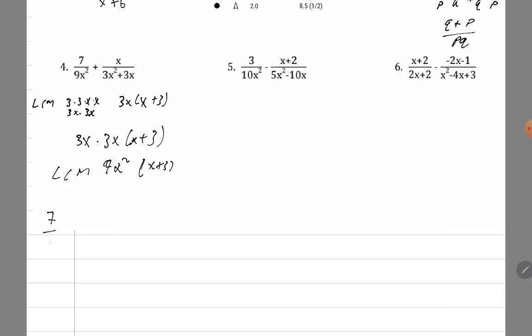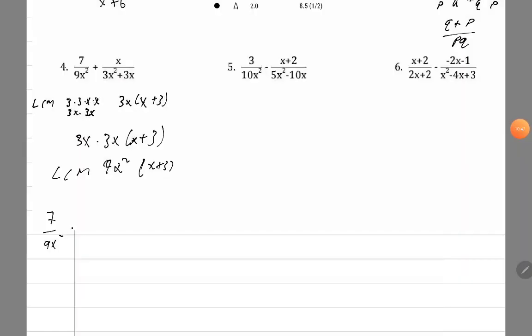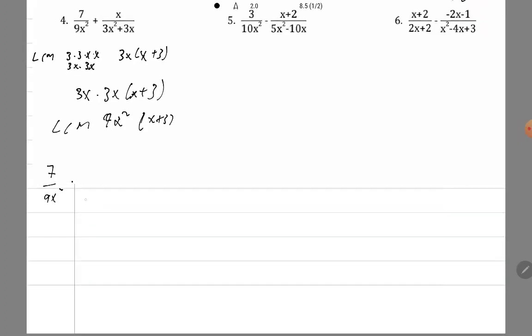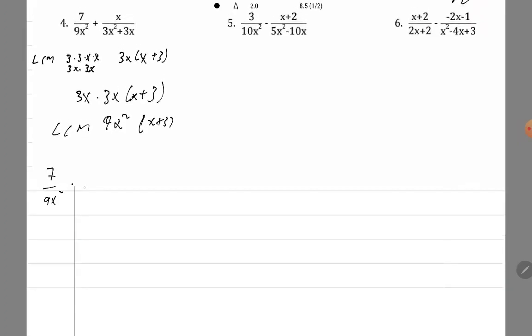So 7 over 9x squared needs to be multiplied top and bottom by what is missing. It is missing an x plus 3, because it already has the 9x squared. So both top and bottom.